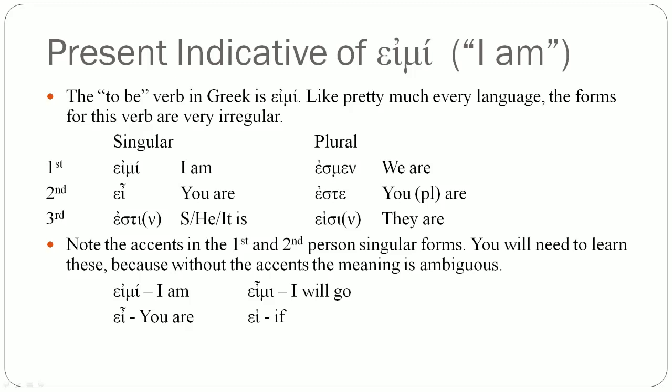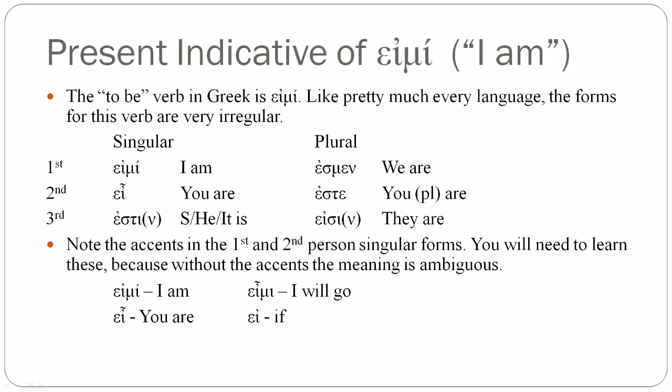Okay, this is kind of a to be verb. Okay, there's an entire class of verbs that looks like this. They're called mi verbs because they end in mu iota. Okay, mi. But this is the only mi verb that we will be studying until chapter 25, the very last chapter that we will be looking at all year.